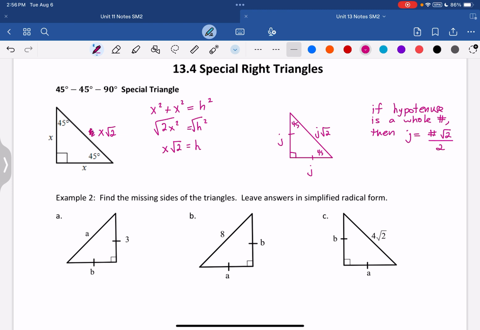Okay, that's with the denominator rationalized because you have to have rationalized denominators. So we'll walk through that when we get to the example here in a minute.